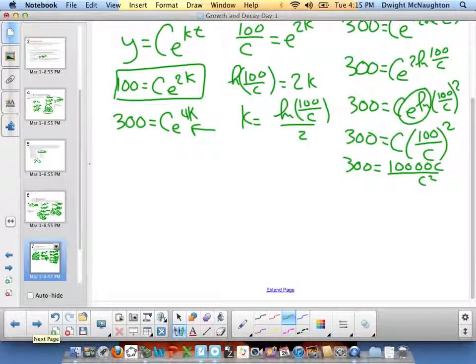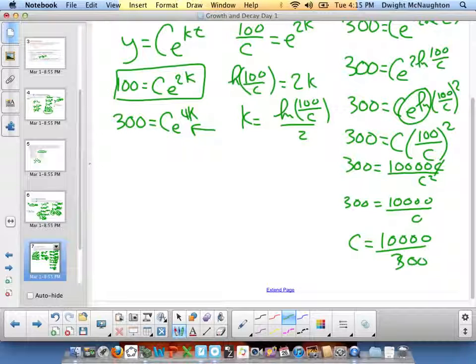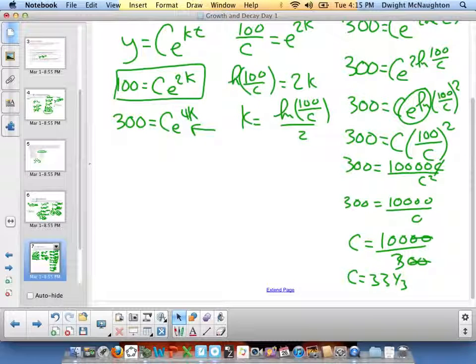All right, cancel one of these C's. 300 equals 10,000 over C. Multiply by C. Divide by 300. We got 100 over 3, which is about 33 1/3. So the initial population there was about 33 fruit flies.